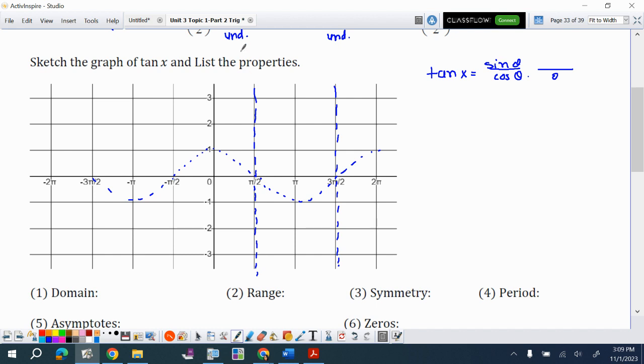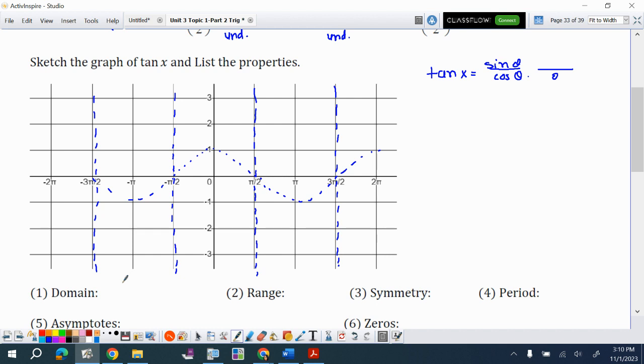So this is what I was talking about: undefined means vertical asymptote. The tangent graph has vertical asymptotes at so many locations. Every time it goes north and south, tangent is undefined. That means it has a vertical asymptote.